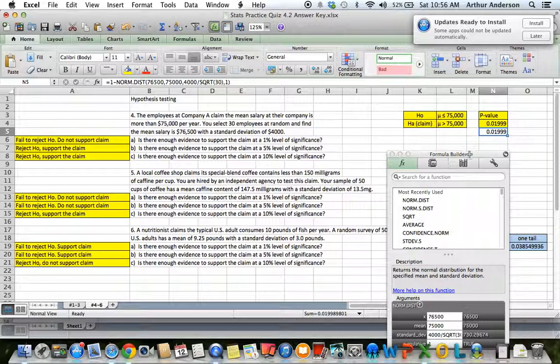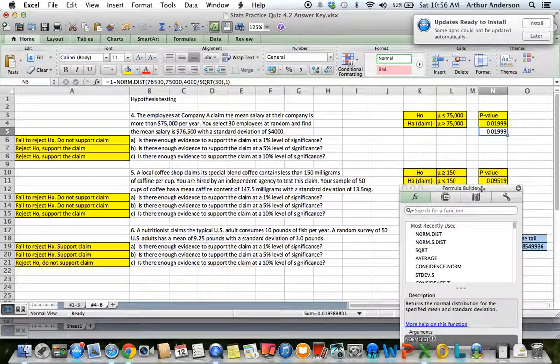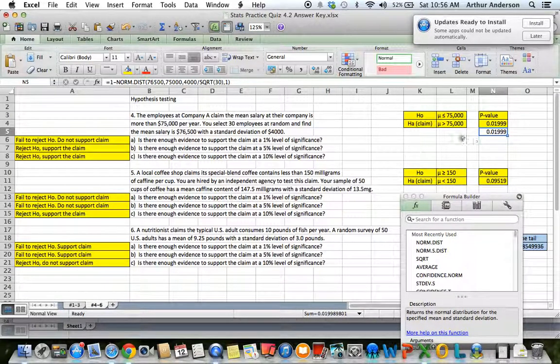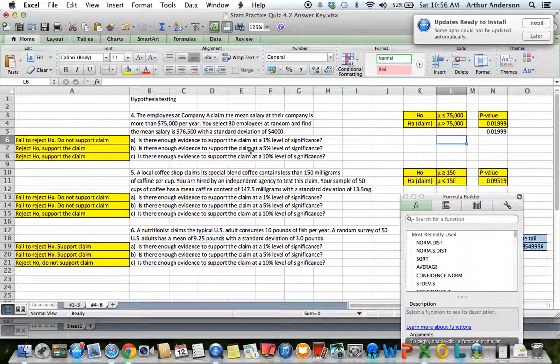As you can see, same as what I had before. So if the answer is approximately 2%, let's go down to part C. Is there enough evidence to support the claim at a 10% level of significance? Because the value for P, 2%, is less than the 10% value for alpha, we reject the null hypothesis.